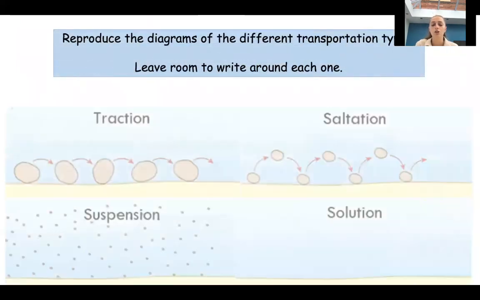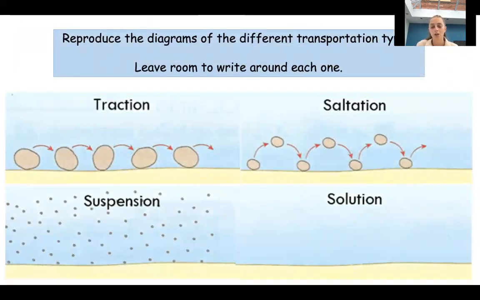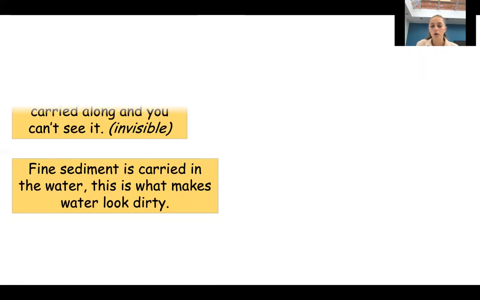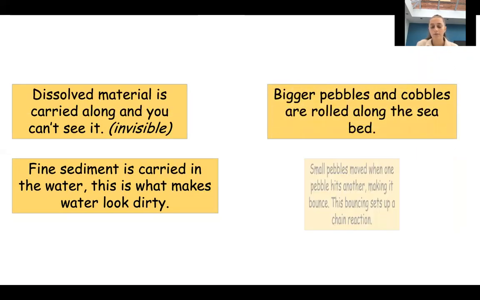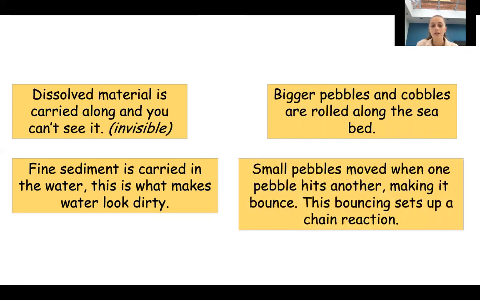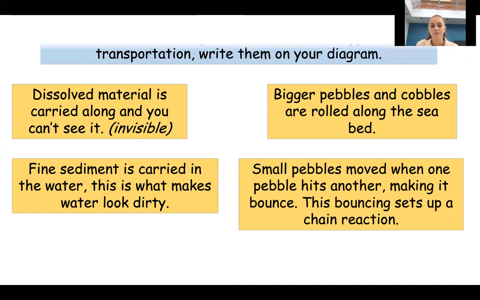Okay, so what I want you to do is reproduce the diagrams of the different types of transportation. There are four, and they're quite simple for you to copy, just leave enough room for you to write around. Once you've copied the diagram, or I'll put it on Show My Homework, you can also print it out or use it on the computer if you want to. What you need to do is read these four statements and match them up with the correct image and title.